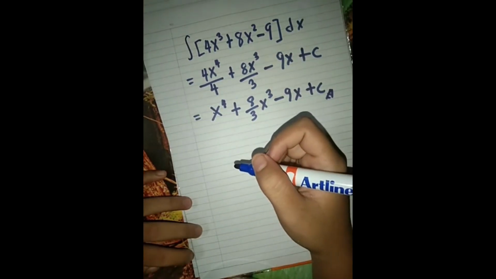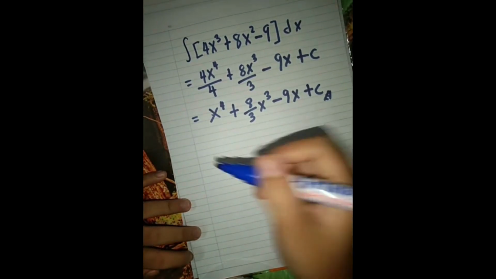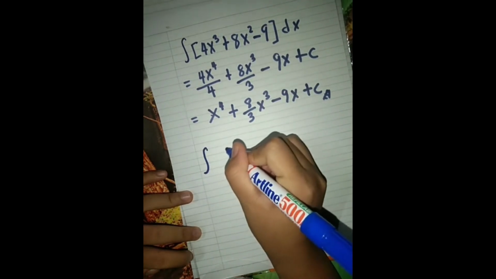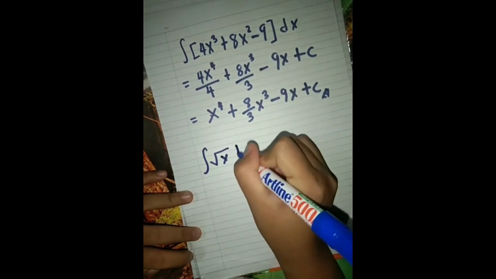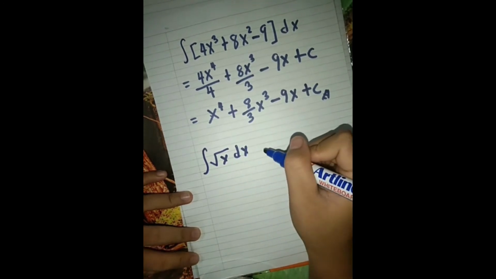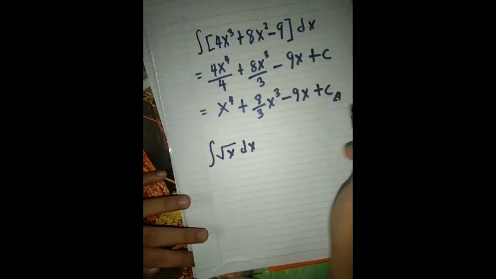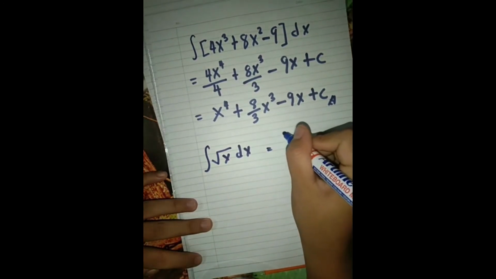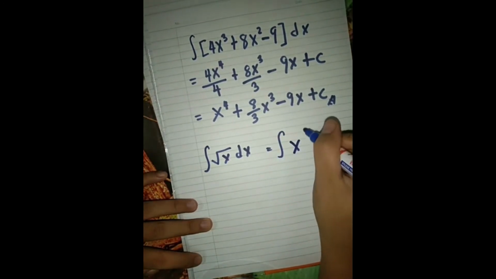Okay, next, what about the square root function? Let's try the integral of the square root of x. This function is just the same as the integral of x to the power of 1 over 2 dx.